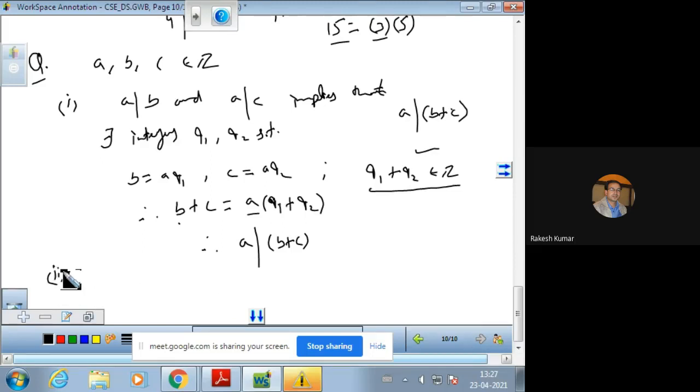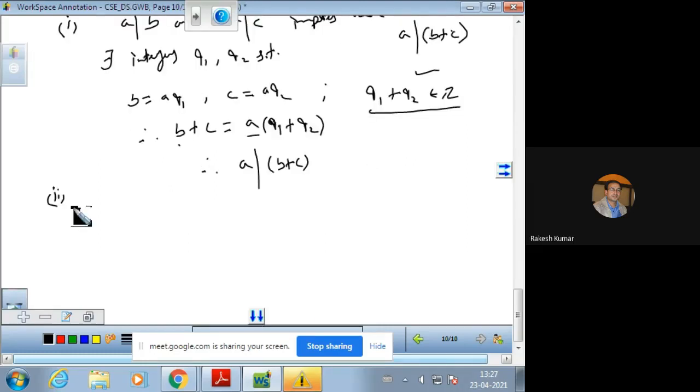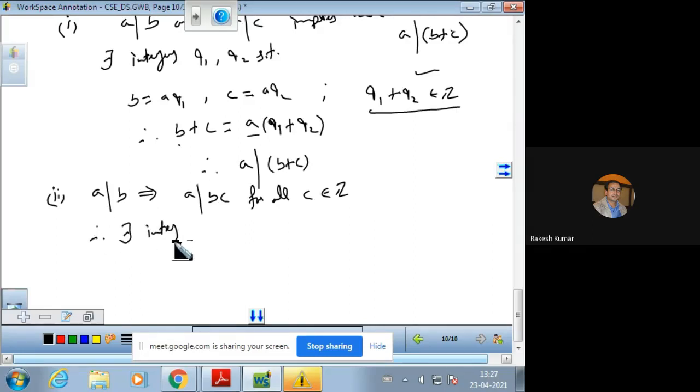Similarly, we have a second result: A divides B implies A divides BC for all integers C. Now, A divides B, so therefore there exists an integer Q such that B is equal to A times Q.